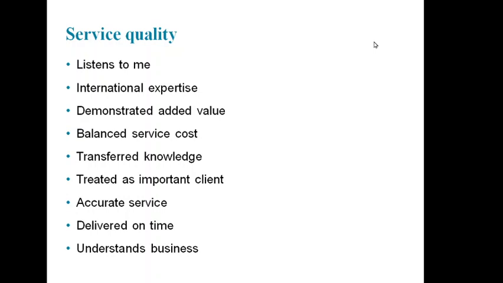So for example, the salesperson listens to me, the salesperson has international expertise, the salesperson demonstrates added value when you are selling the product, you have a balanced service cost, the salesperson transfers the knowledge very efficiently, treated as an important client, accurate services, delivered on time, understands the business. So these are some of the things that you feel will define the service quality.